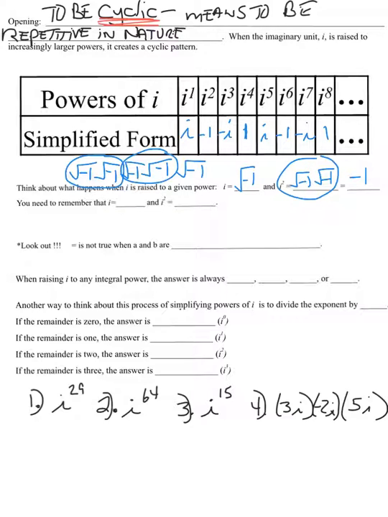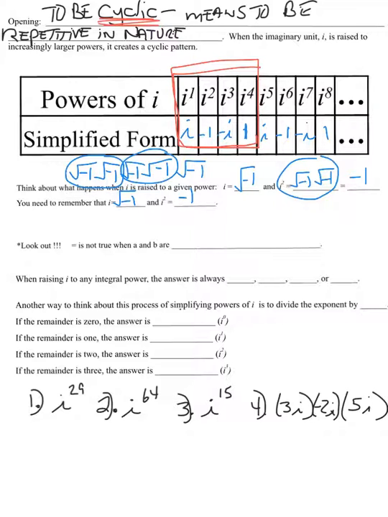Now, you need to remember that i is the square root of -1, and that i squared is equal to -1. But the bottom line is, if I'm in your shoes, you want to know the first 4. This is the pattern that we're going to deal with, these first 4, and then it repeats after that.